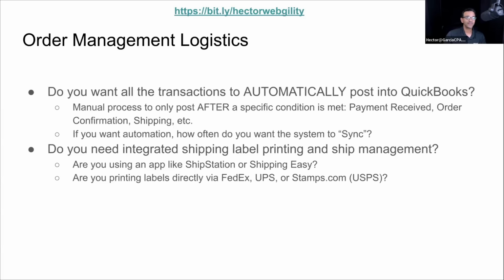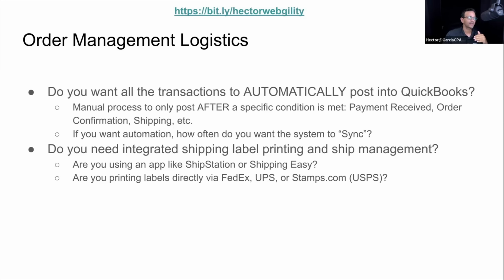The next piece here is shipping. Like in the e-commerce world, almost always there's shipping, with the exception of digital products, of course, but physical shipping of boxes and products. So sometimes people will use an integrated app like ShipStation or ShippingEasy, so the order comes in and automatically sends it to the ship manager, and the ship manager prints the label. So are you going to use an app like that? Something to think about. Or are you going to manually go into FedEx.com or whatever and print a label?